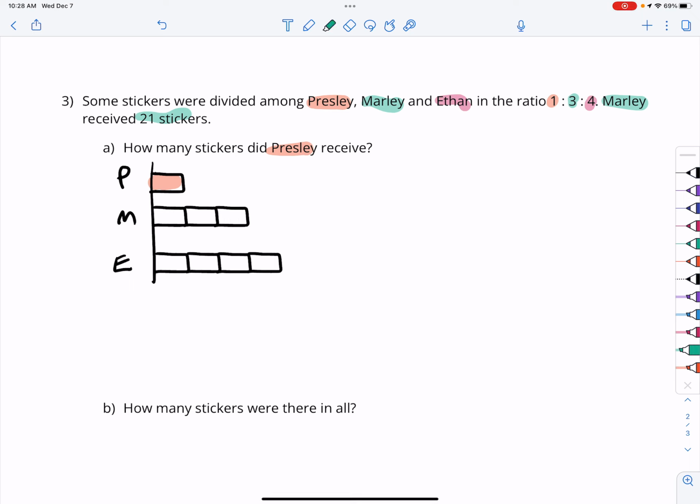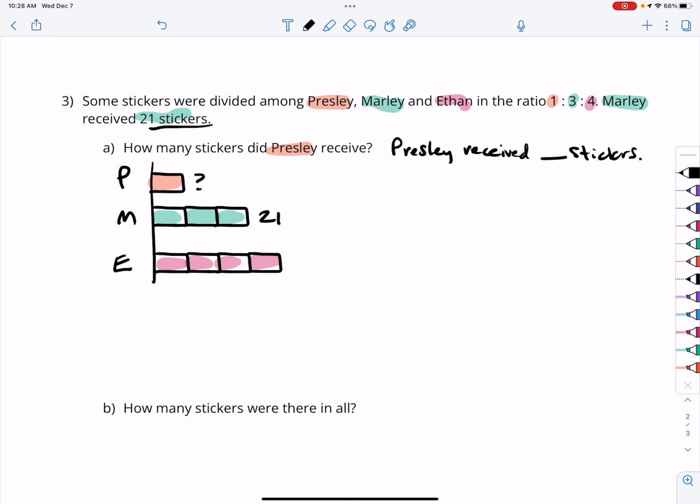Presley was orange, Marley was green, and Ethan was red pink. And we know that Marley received 21 stickers. That's what it says right there. And how many stickers did Presley receive? So Presley received blank stickers. So I've captured all of that information, and that seems pretty good.